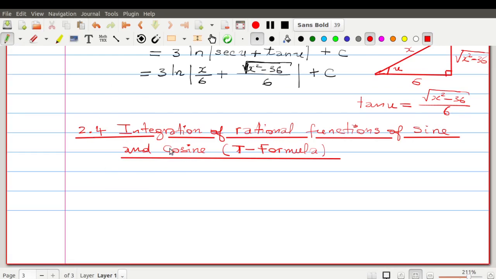So this type of integration is the integral of a rational function R that will depend on both sine x and cosine x dx. So this is the type of integral we are going to compute, where of course R is a rational function of sine and cosine. That's what it means, right?